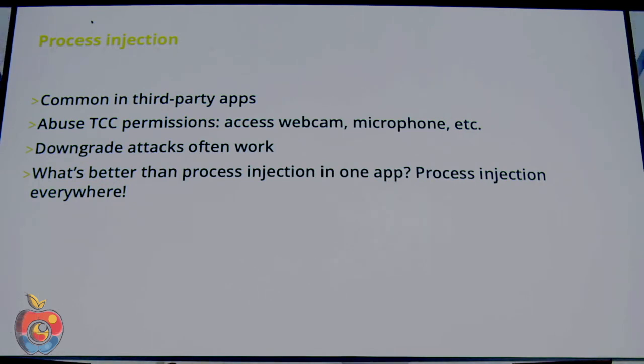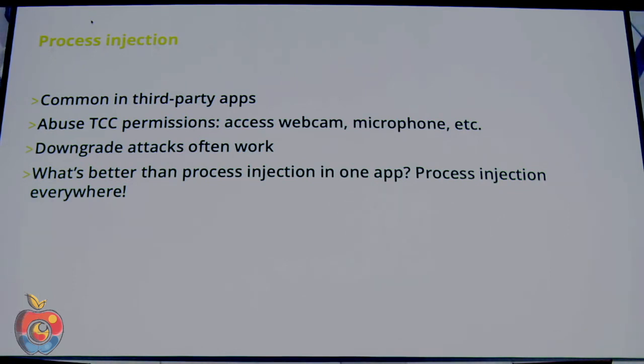And then often it's an issue like you can modify the application and then abuse its TCC permissions, so you don't need to ask for webcam permission and stuff like that. And often it's also possible to just downgrade an application, even if it's currently secure, to an older version that may not have the hardened runtime, and then you can inject into that application and grab the webcam or something like that.